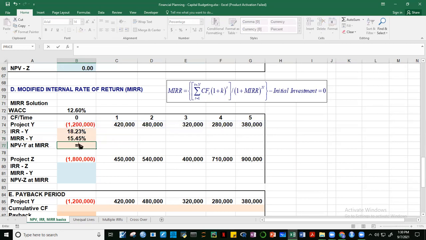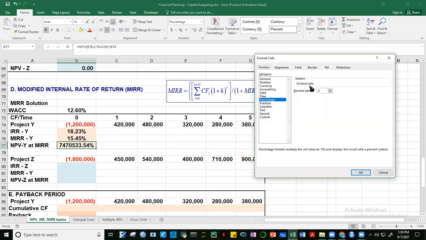So let's now compute for the NPV. NPV at the MIRR, comma, values, future value, and then plus. Okay. So control 1, gawin natin number, 2 decimal places.